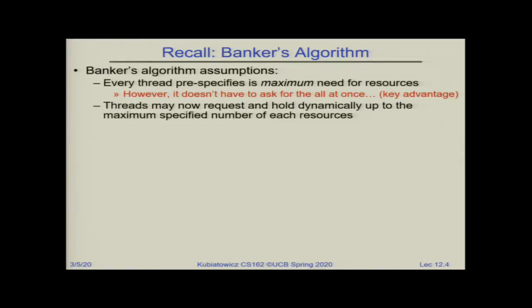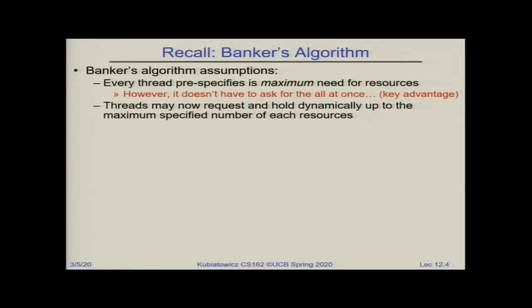The other thing we talked about at the very end of the lecture was the banker's algorithm. The banker's algorithm is a way of avoiding dynamically getting into deadlock. There are some key assumptions behind it, one of which is that the thread pre-declares the maximum number of each type of resource it's going to want.